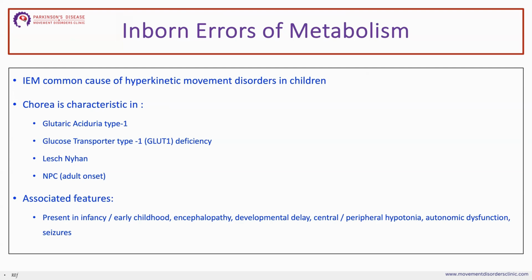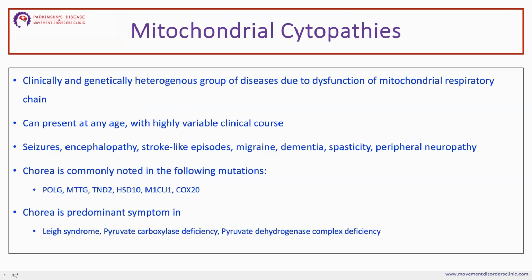Associated features could be present in infancy or early childhood, with presentations of encephalopathy, developmental delay, and central or peripheral hypotonia. Patients can have autonomic dysfunction and seizures. So based upon those things, you need to make a decision on what workup to consider.